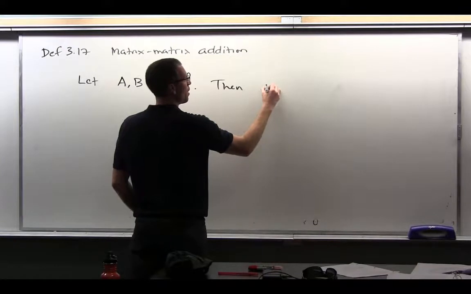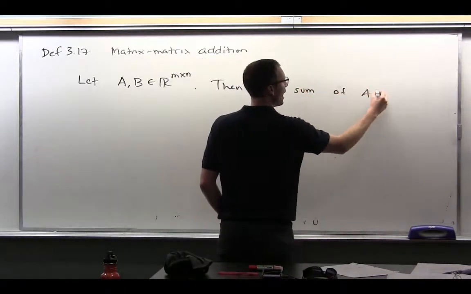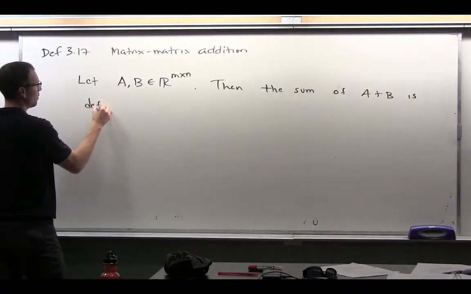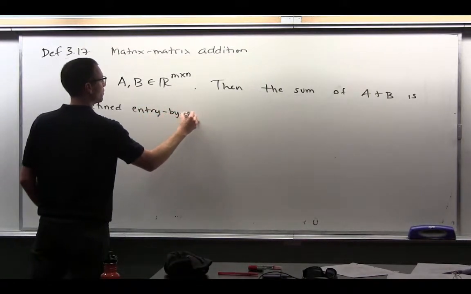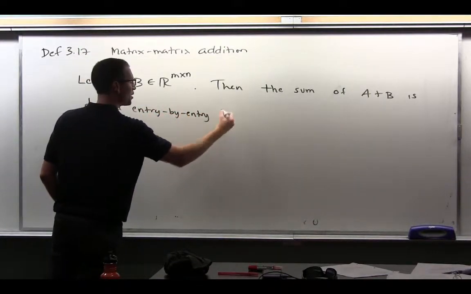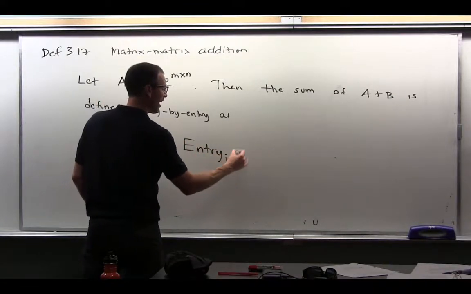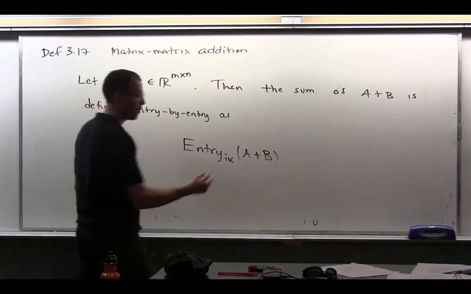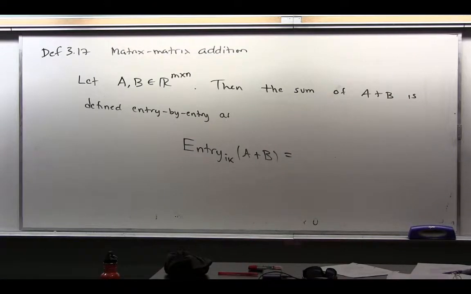Then the sum A plus B is defined entry by entry as what? If I took entry ik of the sum A plus B, what would that be equal to? Yeah, great.